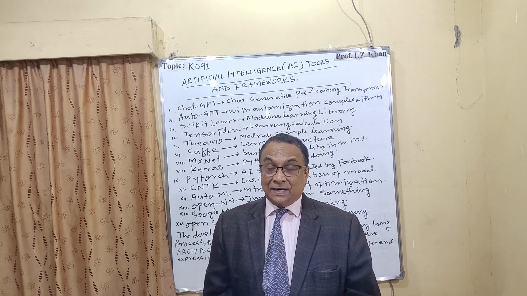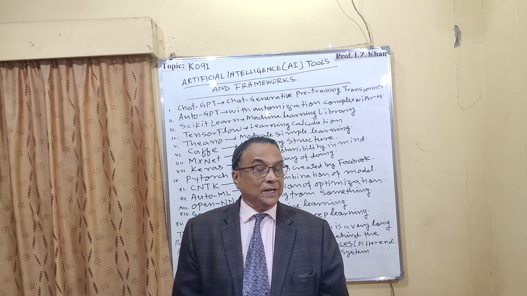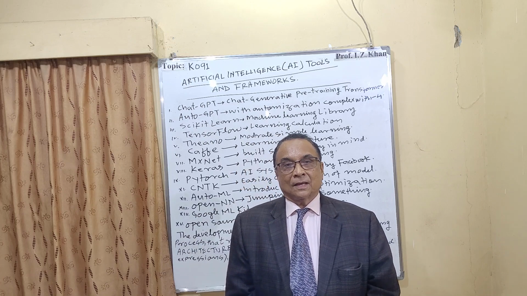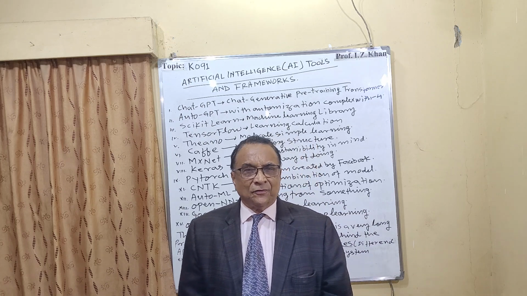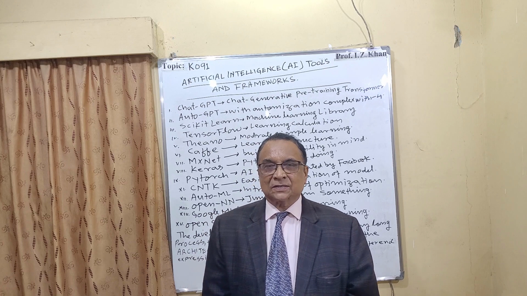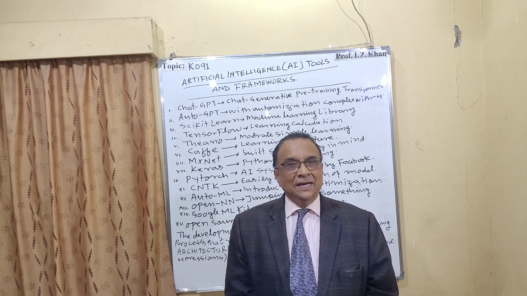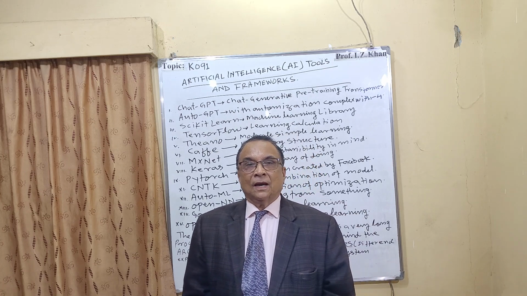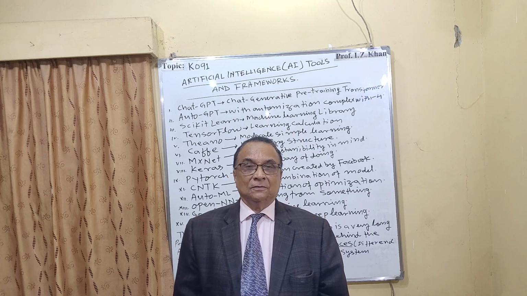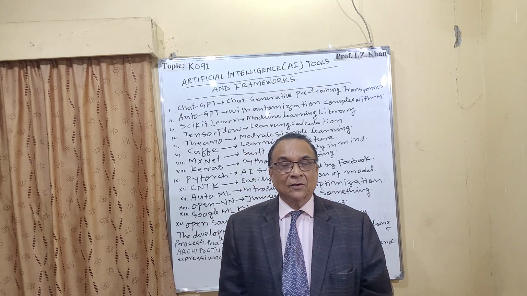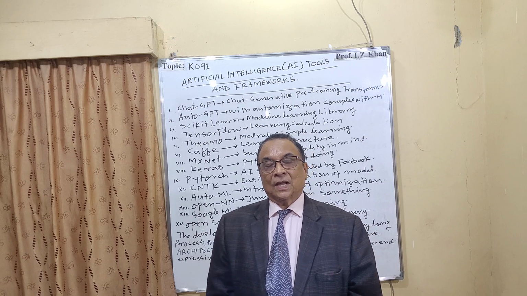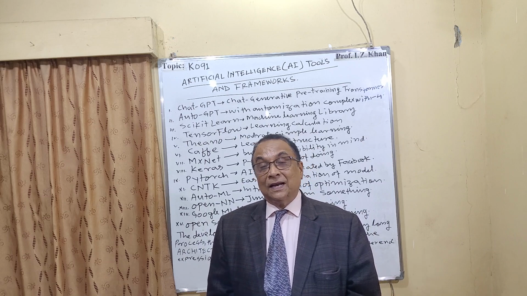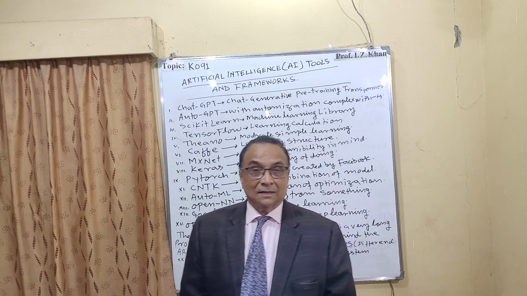So to understand artificial intelligence tools is very important because it is changing very fast. Within a few months' time there are 15 tools available now and most of the people are not aware of these tools, and of course many of them are not useful to everybody.